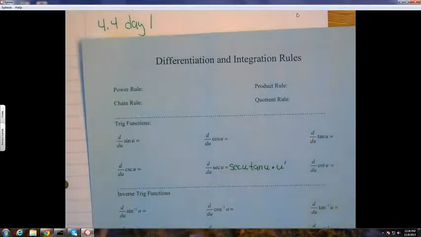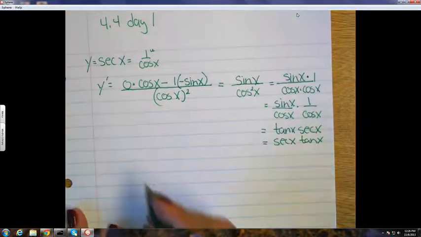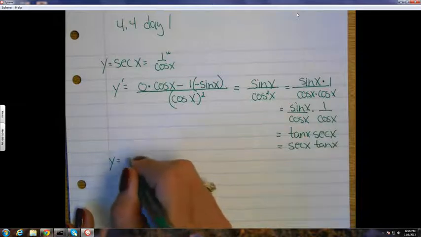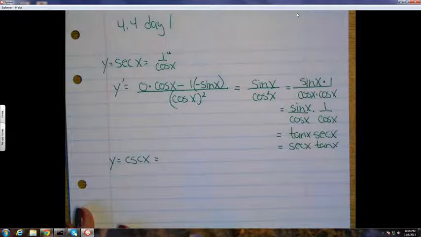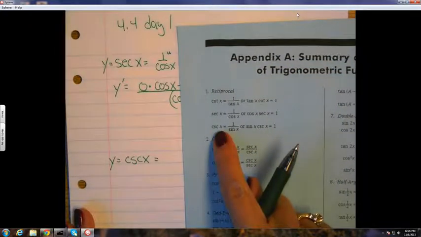Alright. So we've got 3 more to do. Let's go with cosecant. Starting with cosecant. Remember, cosecant is sine flipped over. And again, you don't have to remember that because they're back here. Cosecant is 1 over sine.